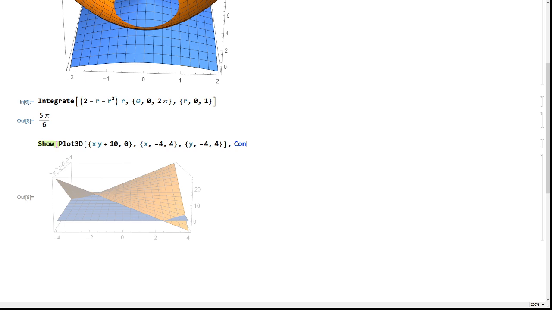So this one we need ContourPlot3D. Right, and I'm going to graph a cylinder of radius 4 to just say, all right, everything's got to be inside here. We're going to do x squared plus y squared equals 16. x goes from minus 4 to 4.